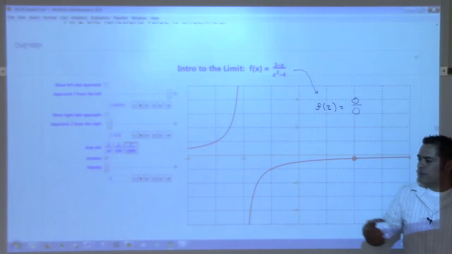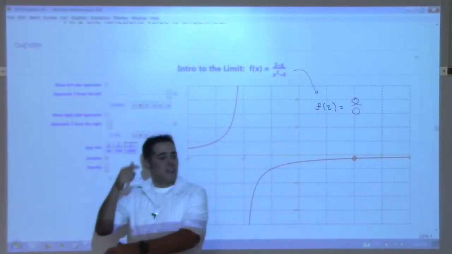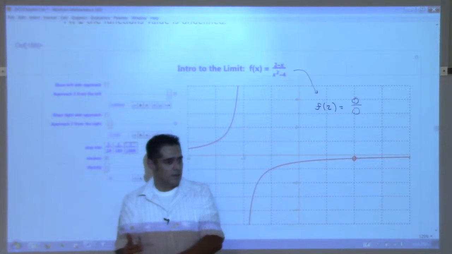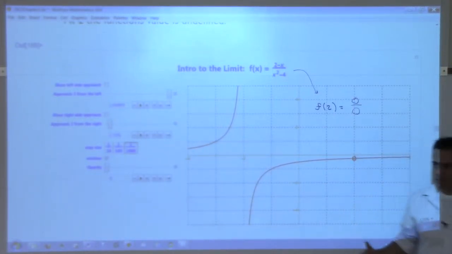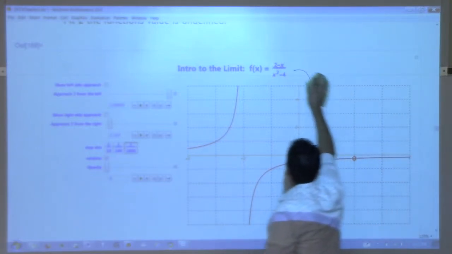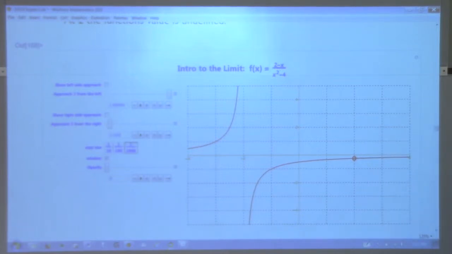And that's what the idea of the limit is. The limit is trying to get close to something without actually ever getting there, because if we get there, everything falls apart. Okay, now we're going to do more of this. Don't worry. I just wanted you to see 0 over 0 for the first time now.